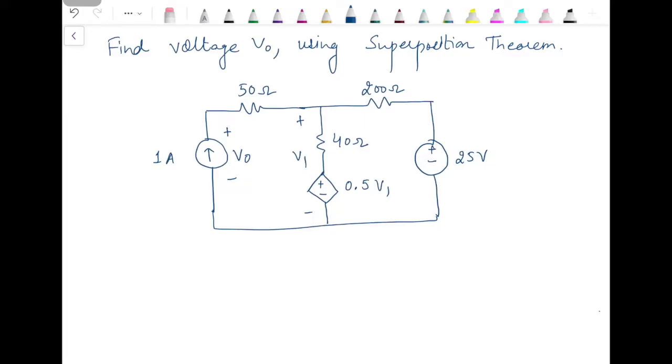Since we have two independent sources, we have to solve the circuit twice. Once when the 1 ampere source is active, second time when the 25 volt source is active.